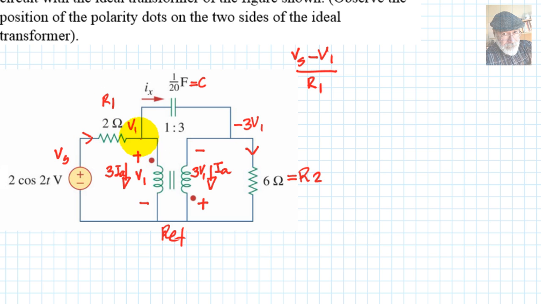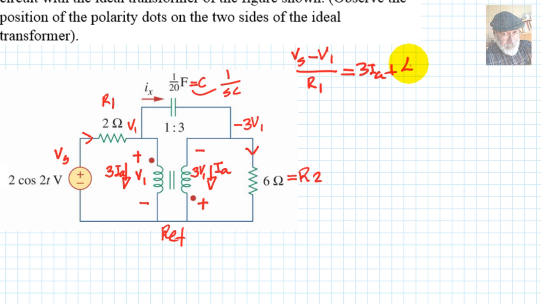That is equal to currents leaving: 3 times IA, plus the one on the top, which is Ix. Actually Ix is V1 minus negative 3V1, that is 4V1, divided by 1 over SC. We know that the impedance here is 1 over SC.